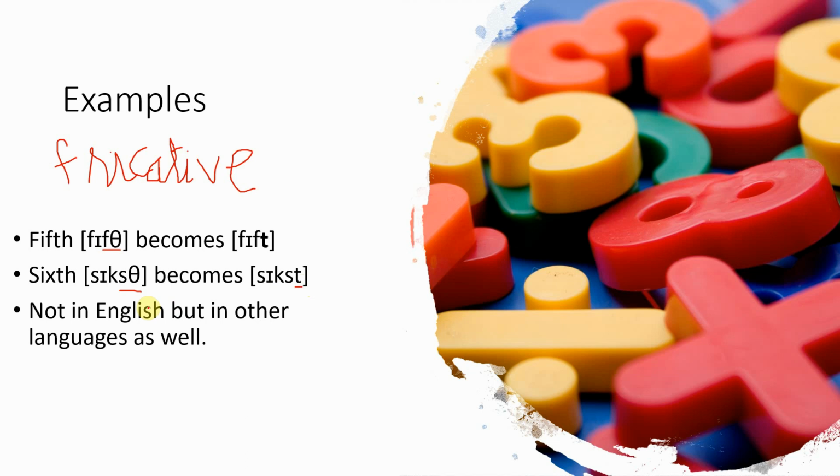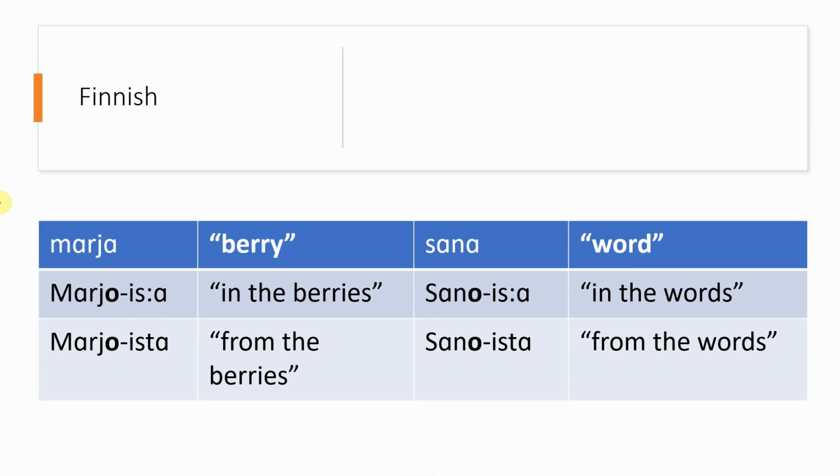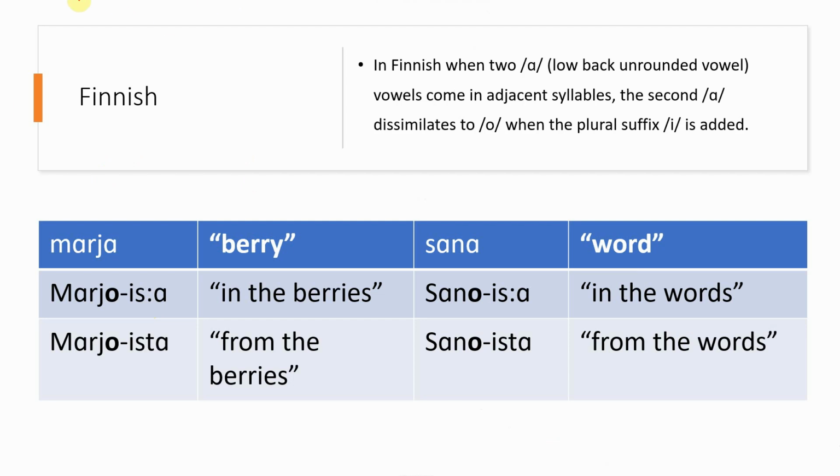Now we'll look at some examples from another language, Finnish. In Finnish, there are two low back unrounded vowels, a, which come in adjacent syllables.